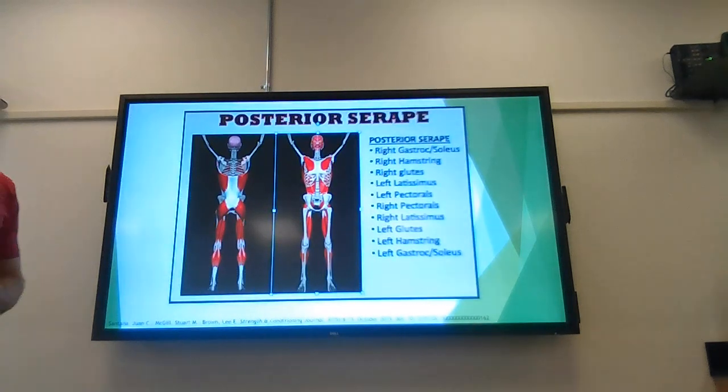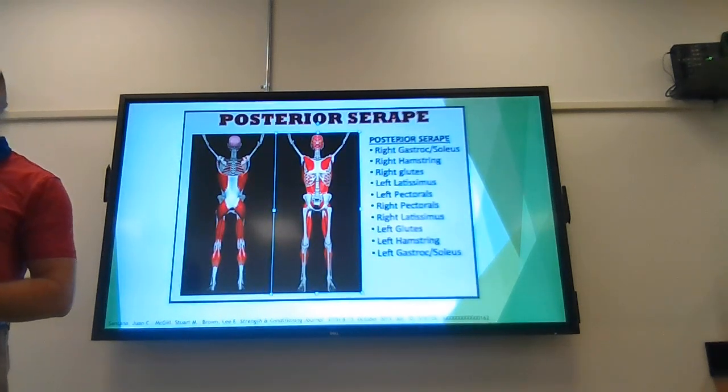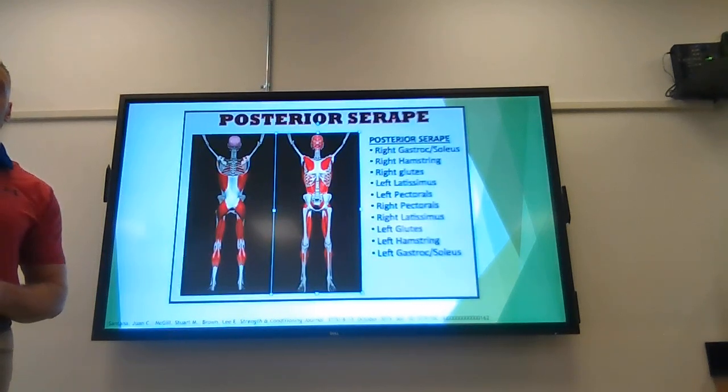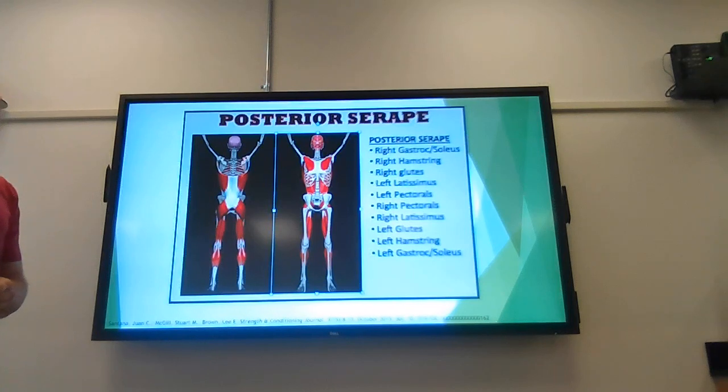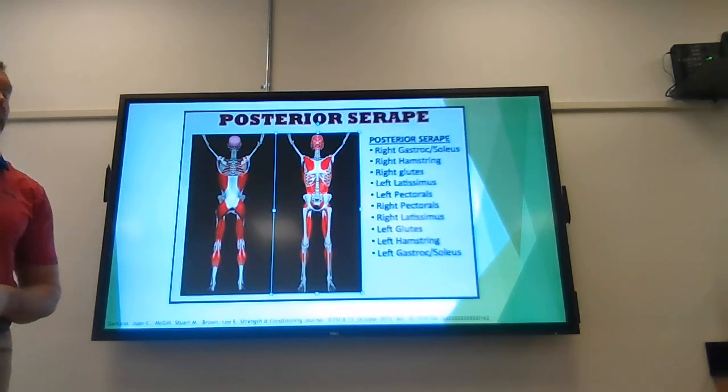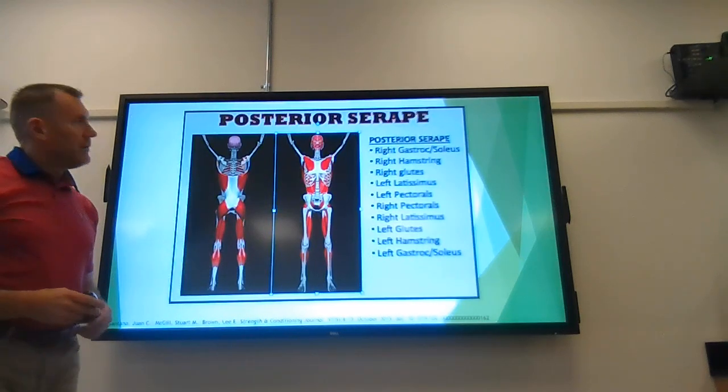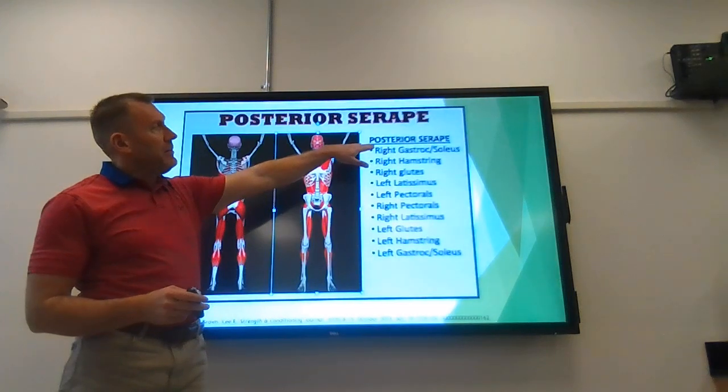So muscles have connections to each other, tangible fascial connections. So I want you to look at this diagram, and I want you to follow through with me here. So the right gastrocnemius and soleus.